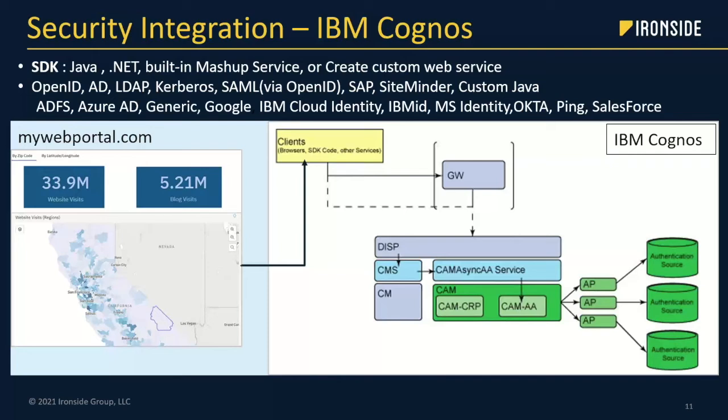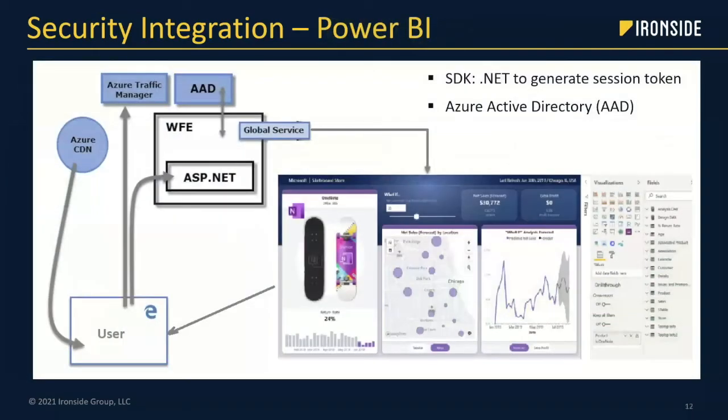Okay. So next one, let's look at another vendor. This is Power BI. As I mentioned, Power BI is mostly .NET driven, right? So the first thing you're going to do is use .NET to grab a session token, right? Typically, your user goes to your browser first, and you write some magic code behind the scenes.